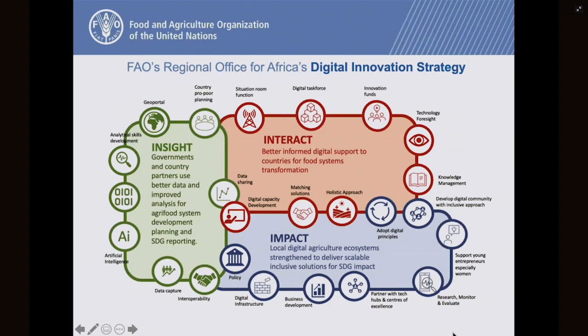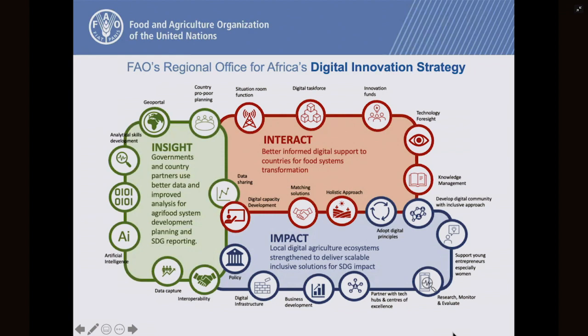And then for the third pillar, we have decided to work more closely with the digital ecosystem to strengthen it so that young innovators have more opportunities, so that also the public investment that we are leveraging can impact, for example, women and other stakeholders that are involved in operations at local level.